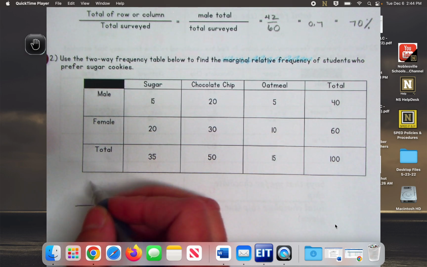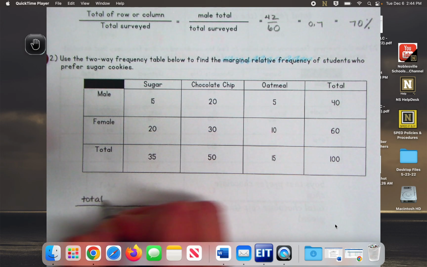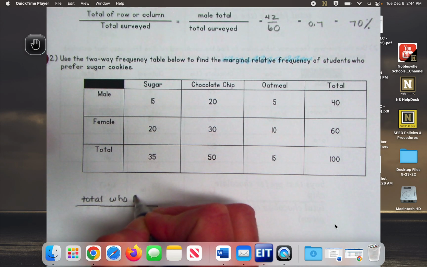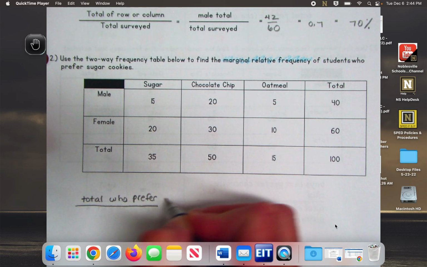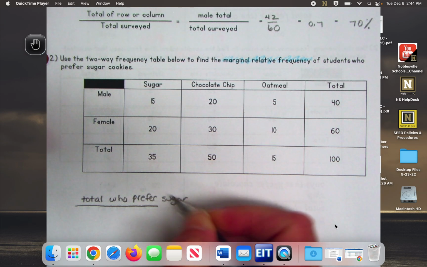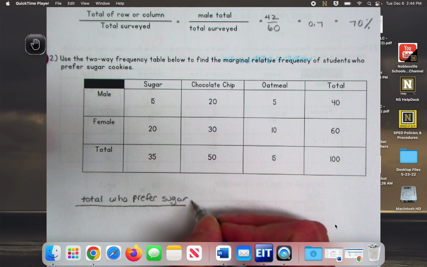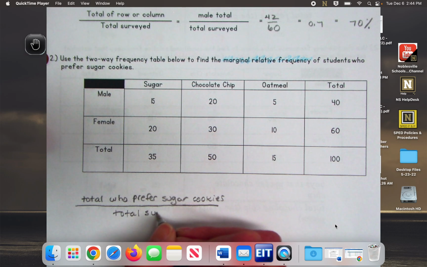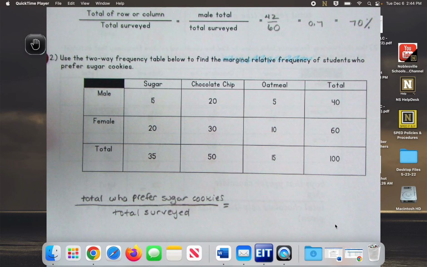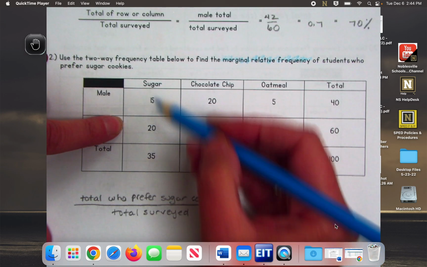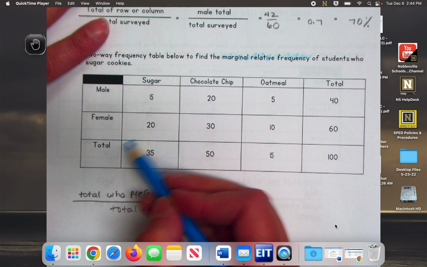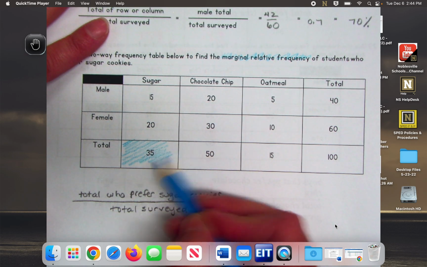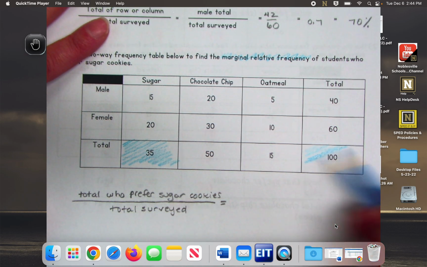Well, this is total who prefer, right? Out of the total surveyed. And so you guys said 35 because that is the total of this column. And we know that 100 were surveyed.